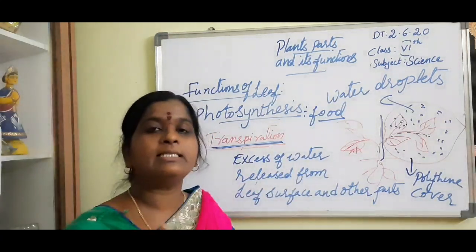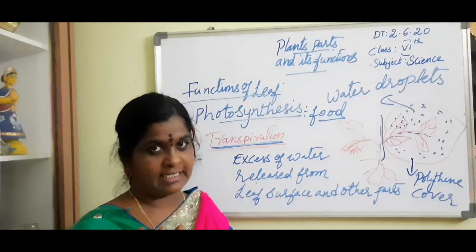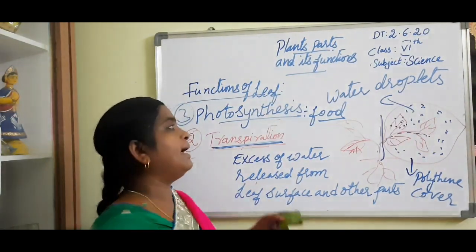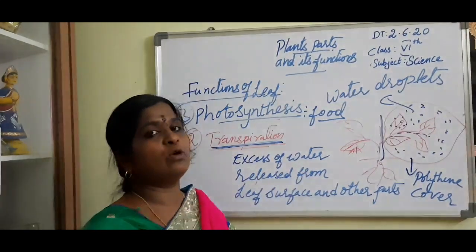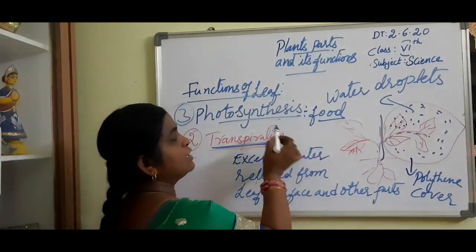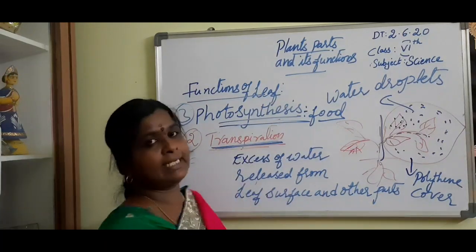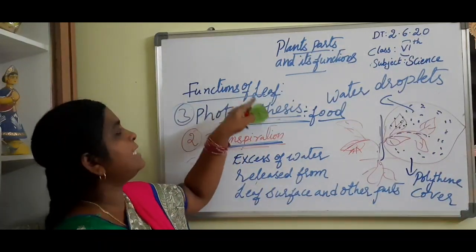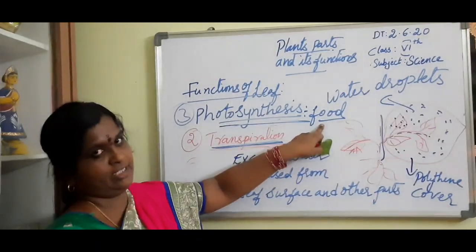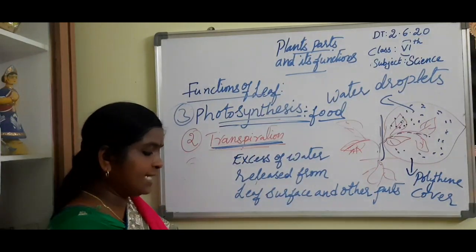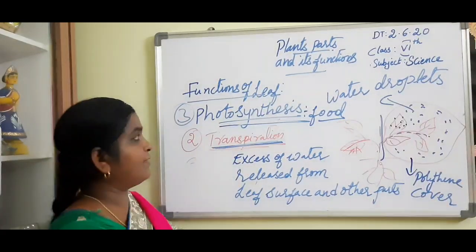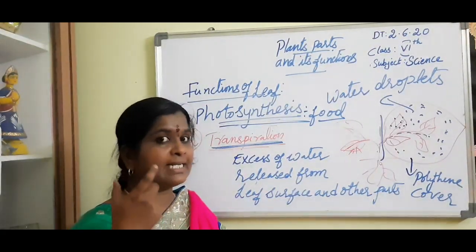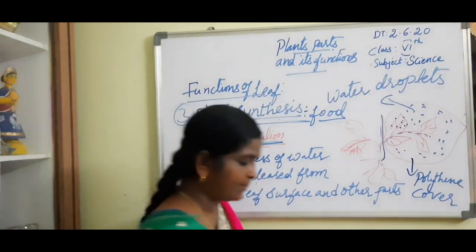The plant prepares its food in the presence of sunlight by absorbing water and mineral salts from the soil, and by using the chlorophyll pigment. The plant is preparing its own food material. That process we are calling what? Tell me, photosynthesis. So photosynthesis is another function of the leaf. It helps in the preparation of food. Okay. So I think that you have understood very well these functions of the leaf. Next we are going to discuss the next part, that is the stem.